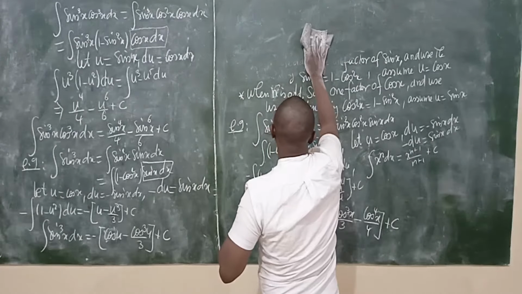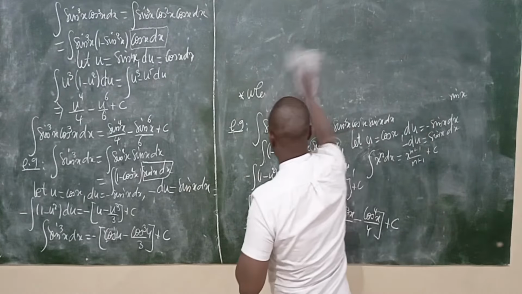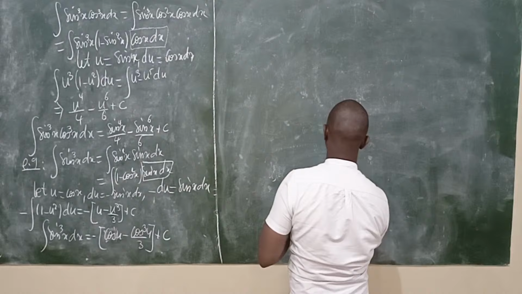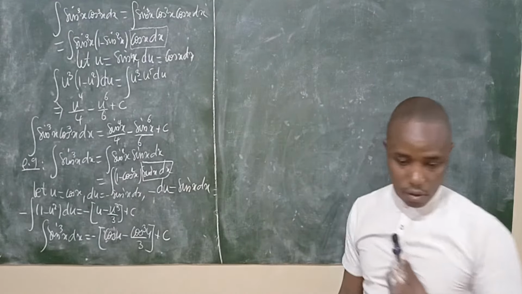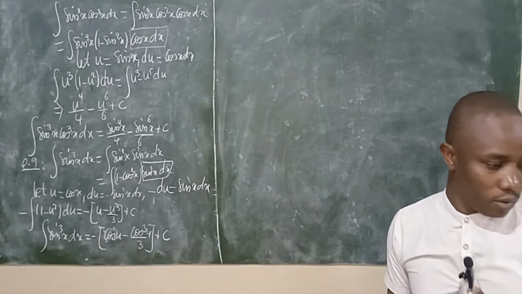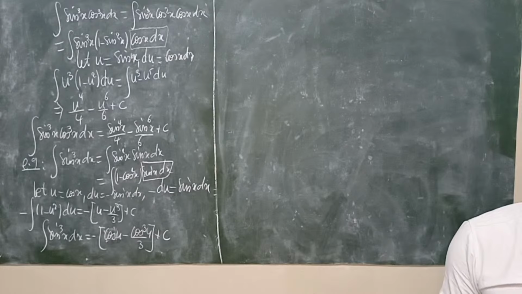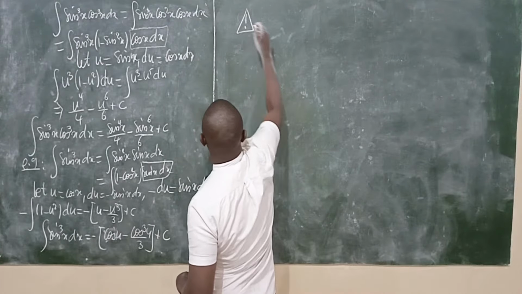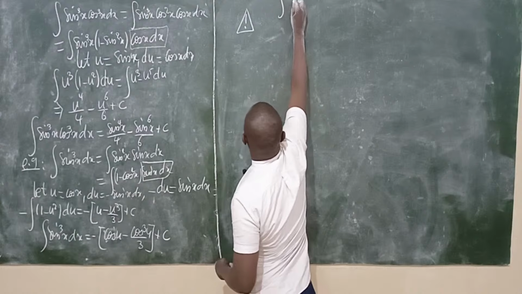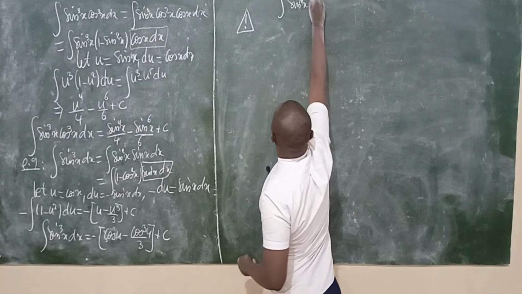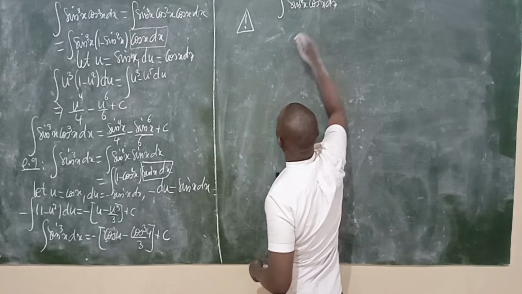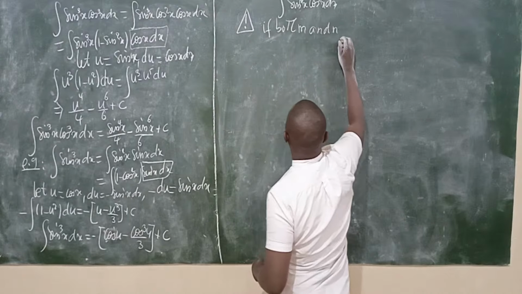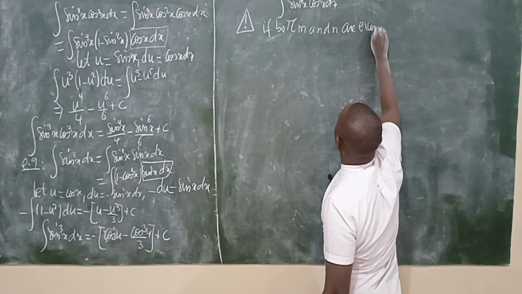But before the exercise, remember, we are on sine^m x cosine^n x dx if both m and n are even numbers.